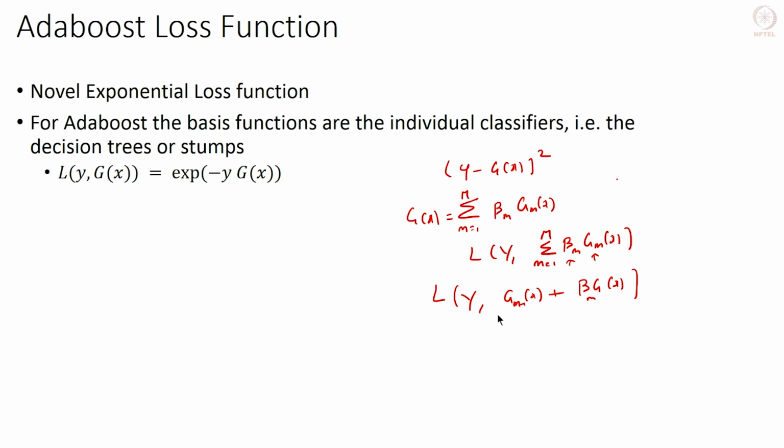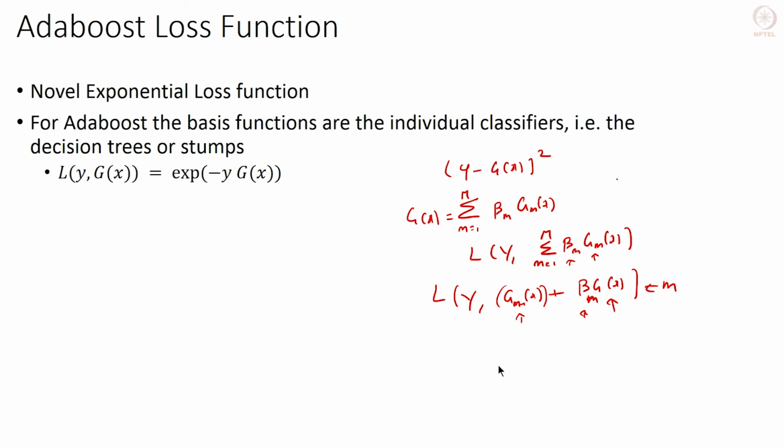What it means is that we will not touch the parameters up to m minus 1 in this model. They are not affected at all when you are optimizing this loss function. You are only optimizing for beta m and this g at this particular stage m.